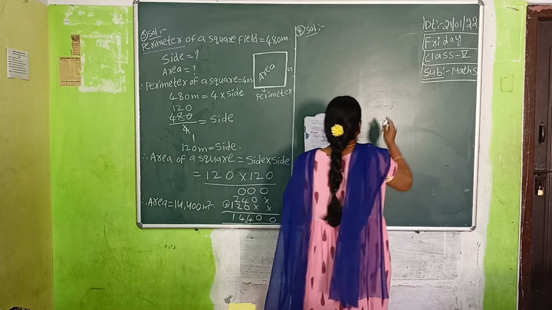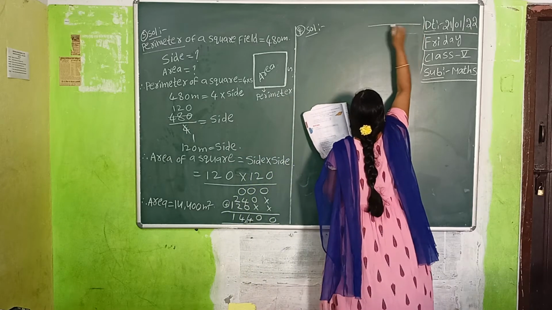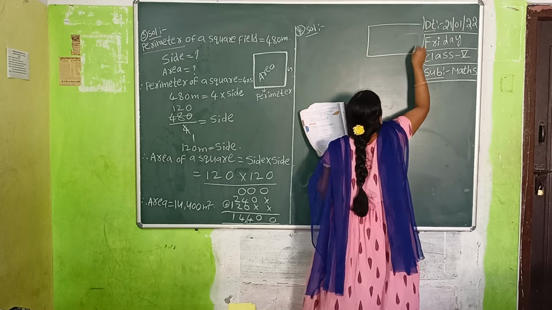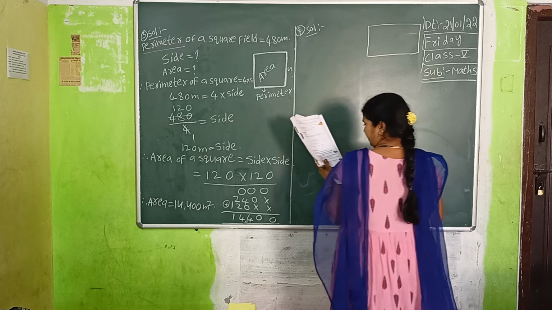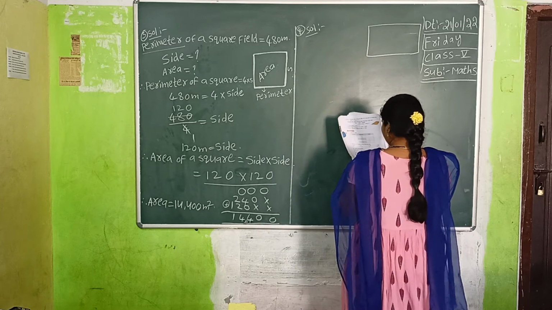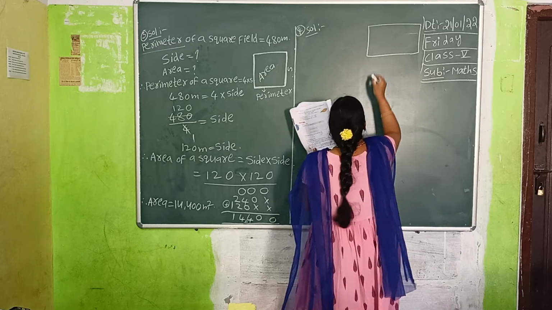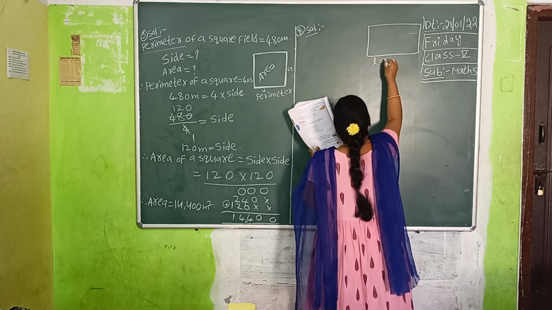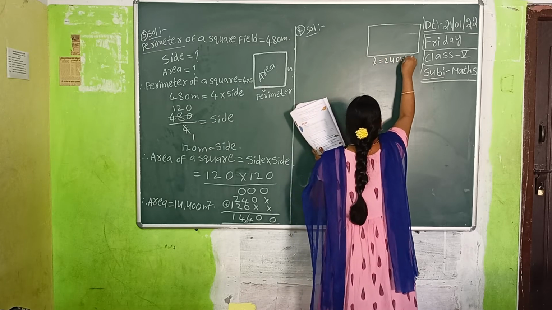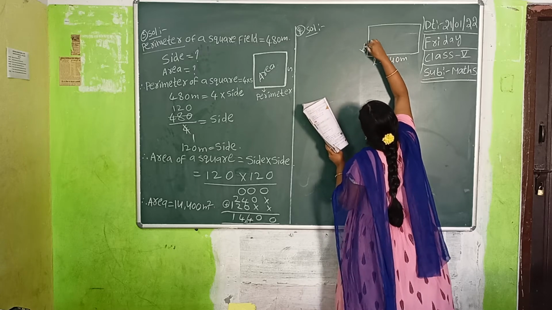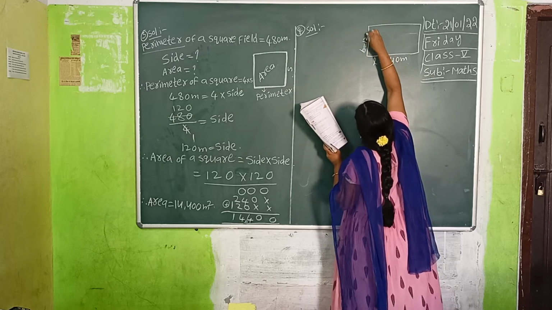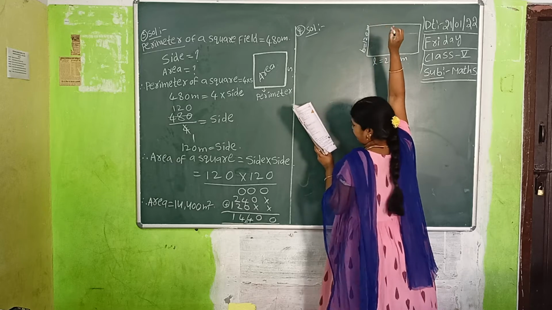Rectangular field means its opposite sides are equal in the rectangular figure. Length equal to 240 meters and wide is nothing but breadth, that equal to 120 meters.